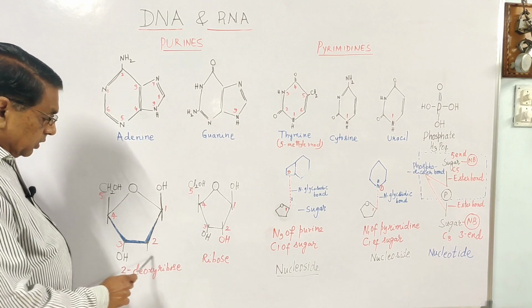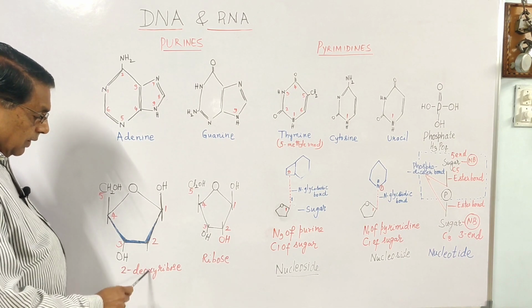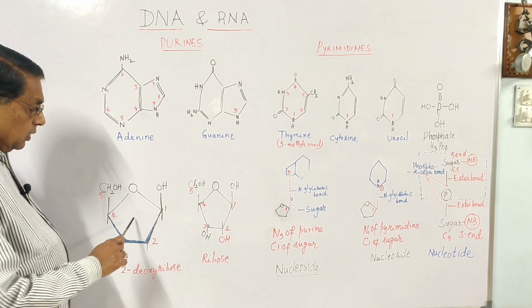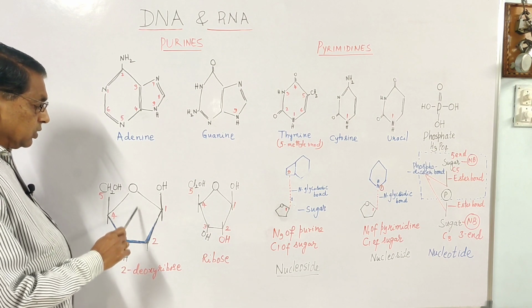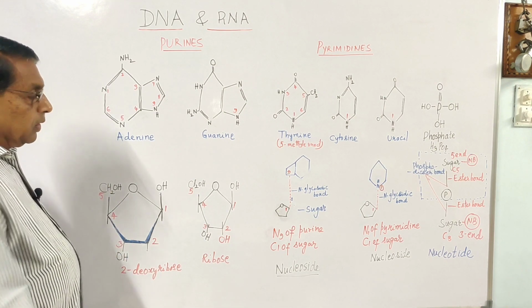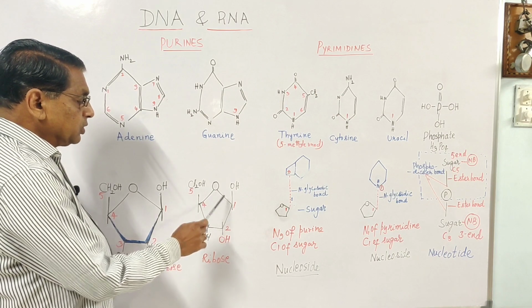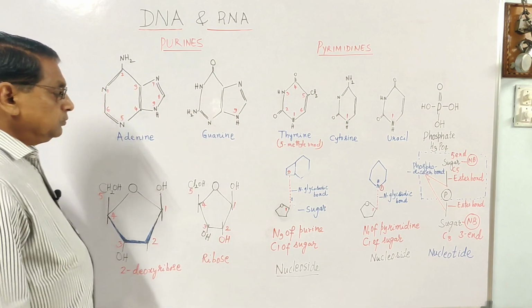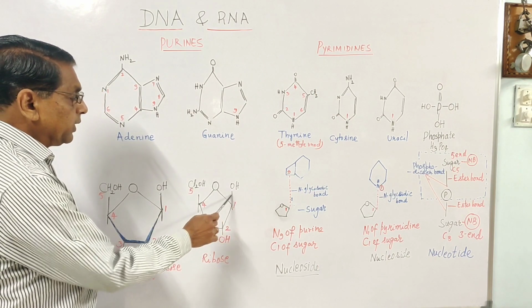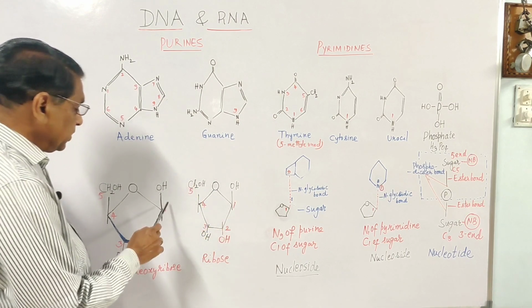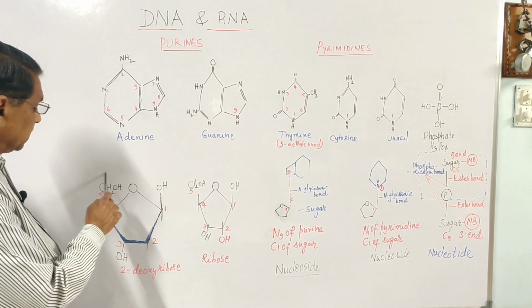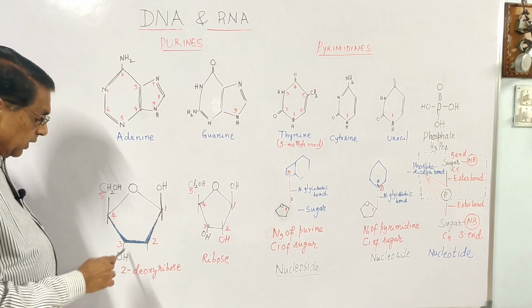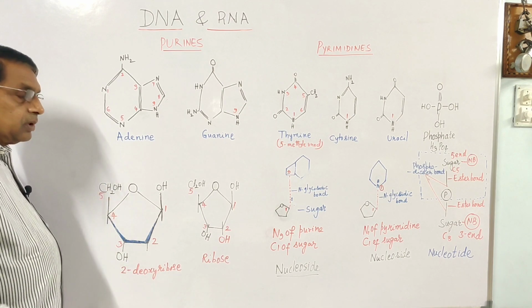At the second position, there is no oxygen, there is less oxygen. So this is C5H10O4, and this is C5H10O5. This is important again for forming the bond. The first carbon is important, the fifth carbon is important, and sometimes the third carbon.